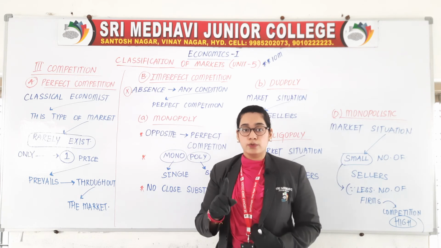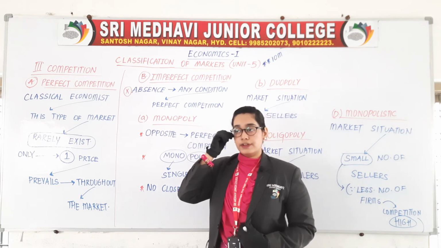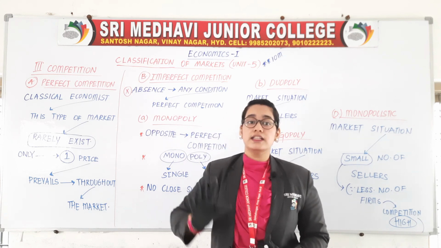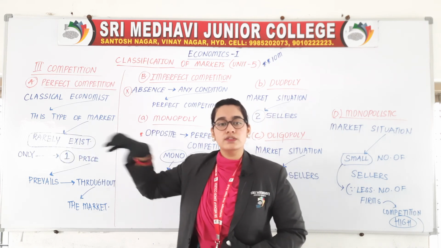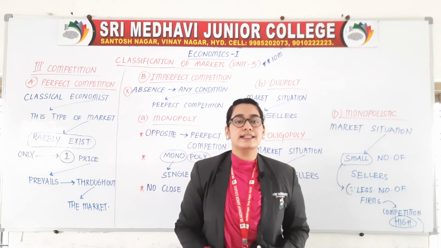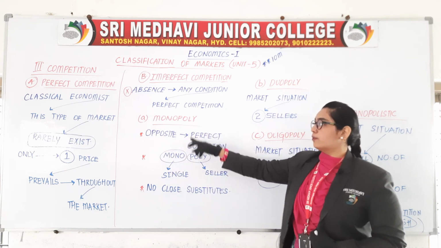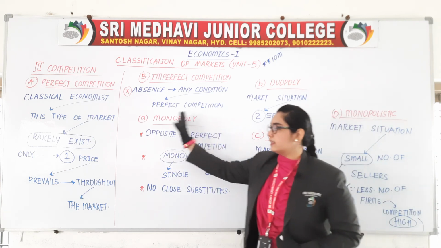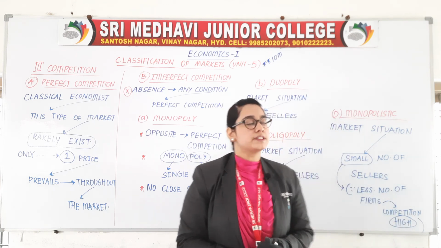Is it right? Like for example, we use Aashirvaad flour. Aashirvaad does not have any close substitute. It is only a single seller. That is monopoly. Monopoly means single seller and there are no close substitutes.